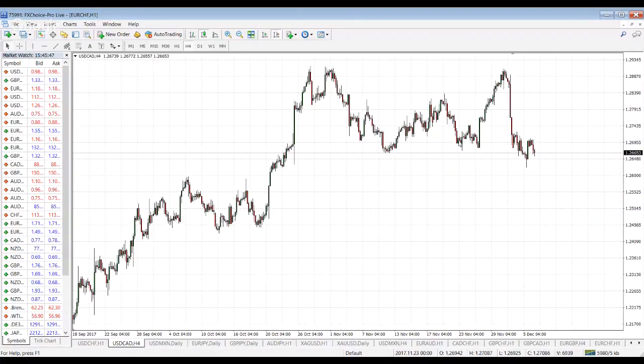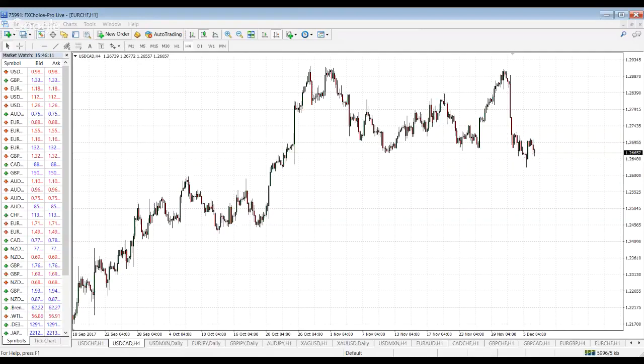So what you do is you go to New Order and click on that. Now, again, based on your account size, you want to risk 1%. So for example, based on my account size, I would probably put 1 standard lot.